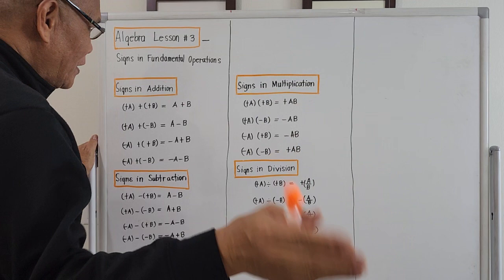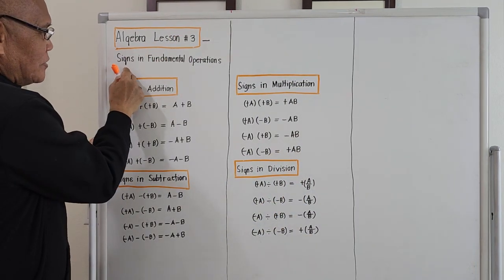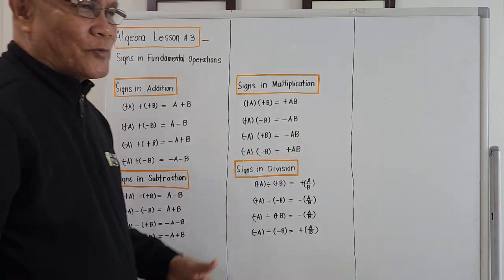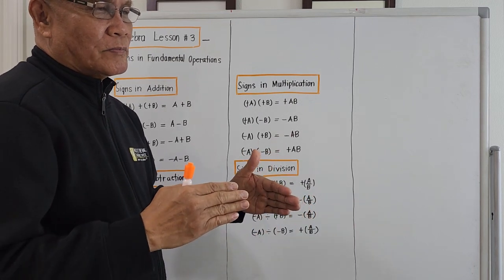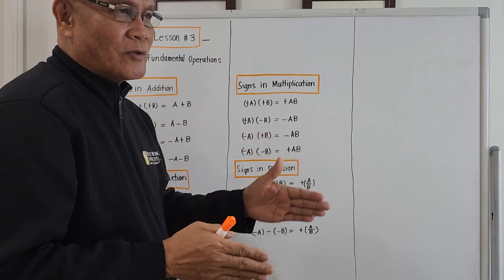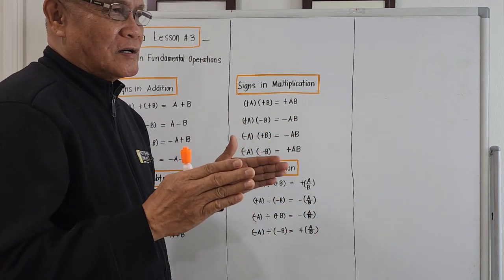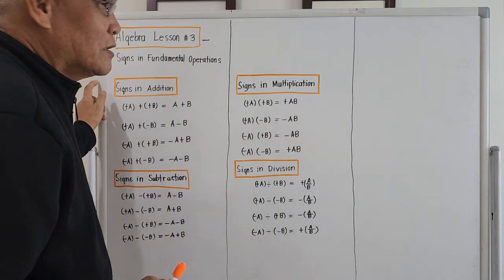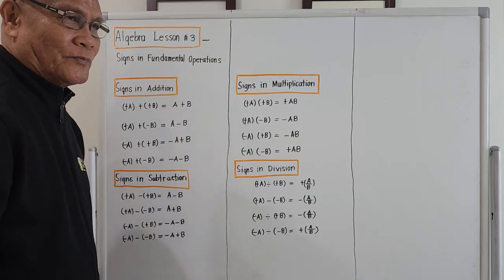Our topic for tonight on algebra, this is now lesson number 3, Signs in Fundamental Operations. It could either be plus or minus, but how it came out as a plus or minus, that will be another thing. So we shall discuss the fundamental operations in addition, subtraction, multiplication, and division.